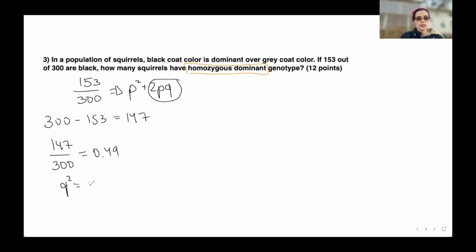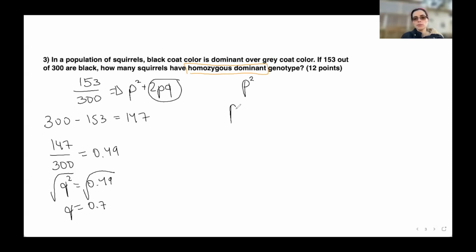So q squared is 0.49. So that's already something. We are being asked to find p squared. So we have to go from q squared to p squared. Let's first find q. So to find q, we need to square root both sides. And the square root of 0.49 is 0.7.